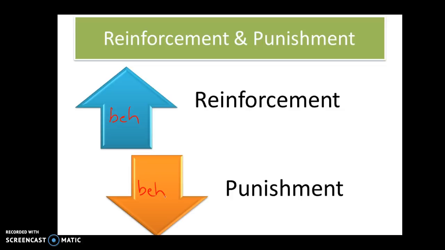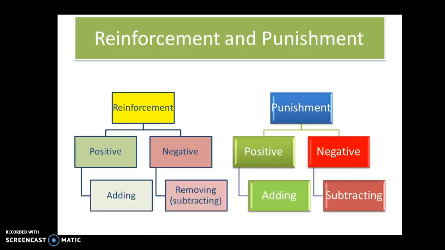When we want to reduce a behavior or make it less likely to occur in the future, we use punishment. So again, reinforcement increases the likelihood of behavior, punishment reduces the likelihood of a behavior, or at least that is the goal.